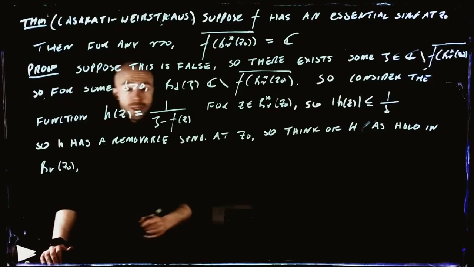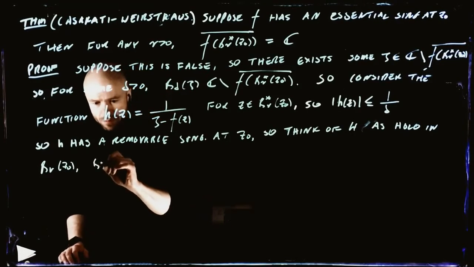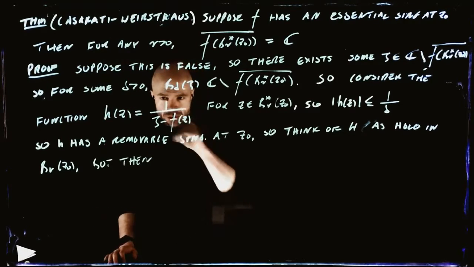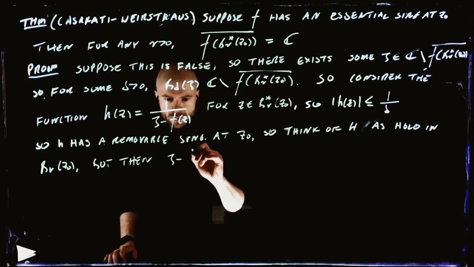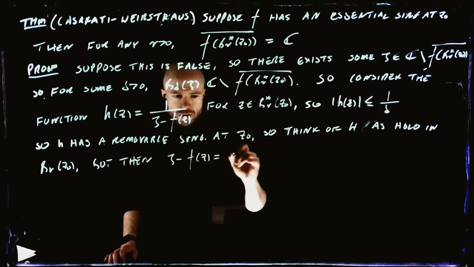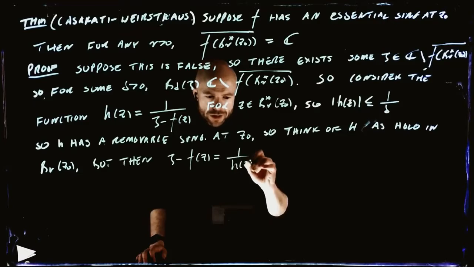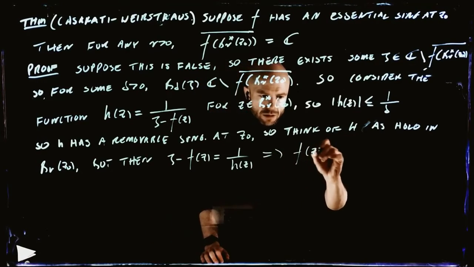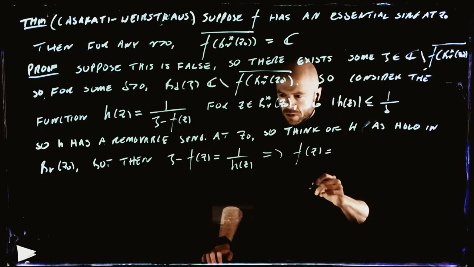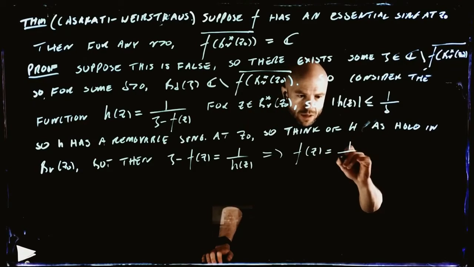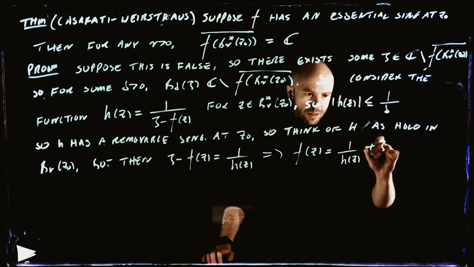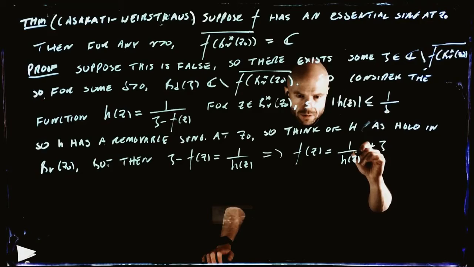Okay, cool. But then if h is holomorphic, we can change things around. Let's wrap this around. We have this is equal to 1 over h of z, which implies that f of z is equal to 1 over h of z plus zeta, like this. Yeah?